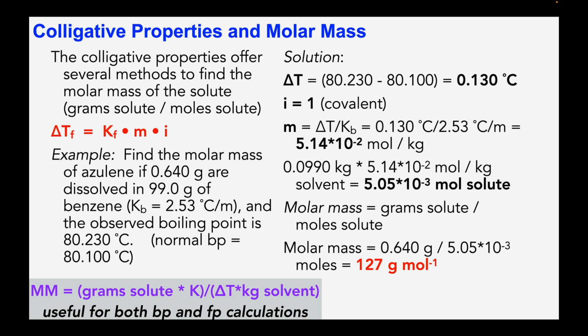So see if you can use this to get the 127 grams per mole number out. It certainly is a lot less work. It's one-stop shopping instead of doing it piecemeal, which is what we did right here. This also assumes, of course, that your i factor is 1. If you didn't have an i factor of 1, you could multiply the K by i to figure that out. But anyway, it's a nice way to do it, and it might help on our lab coming up.